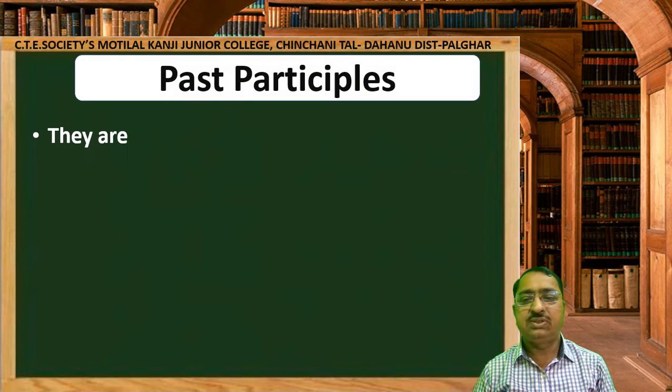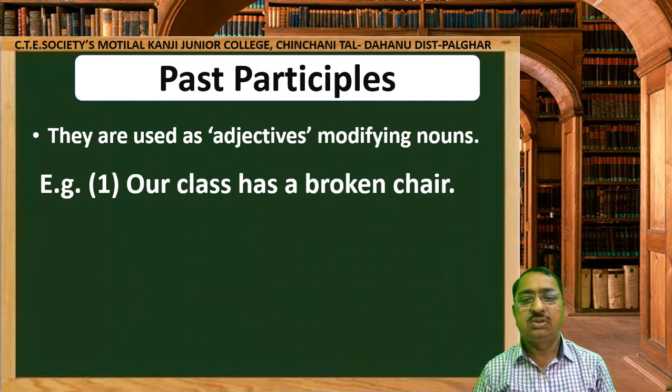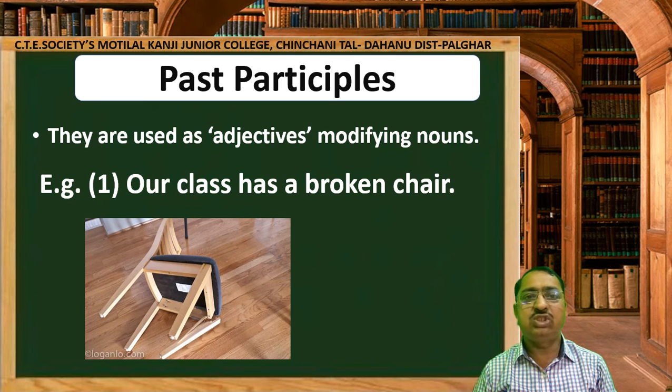Past participles, they are used as adjectives modifying nouns. For example, our class has a broken chair. So the word broken is used as an adjective modifying the noun chair.